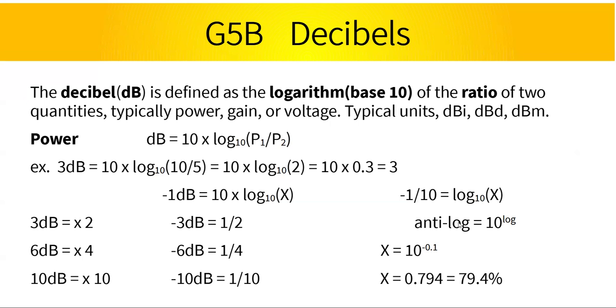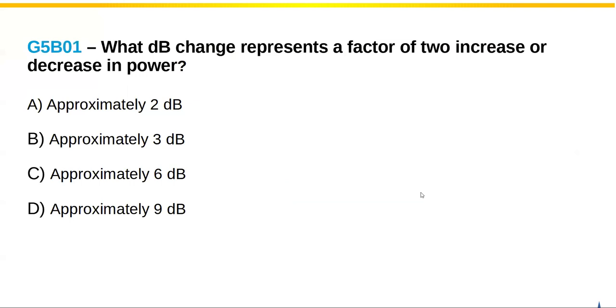The way you do that is you take the log and divide it by 10, because the dB is 10 times the log, and you raise 10 to that power. You get the anti-log, in other words, what was in that ratio of P1 to P2. It might be clearer when we get there.